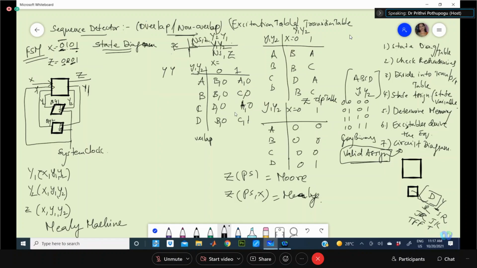But the same state C in the present state of D, for the same input X is 1, output is 1. That means it is having two different values. Based on your present state as well as the input combination, the output is derived. Then that machine we call Mealy.